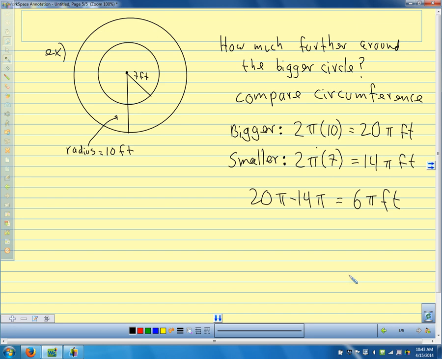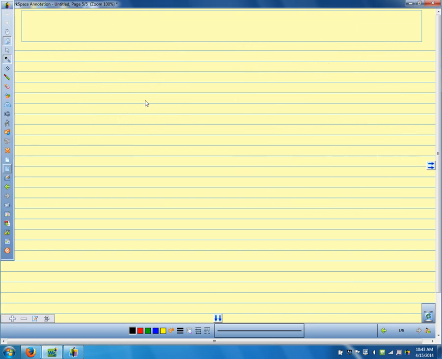All right, last thing for today, arc length. And we'll have a circle on our graphic organizer for arc length. Arc length is a fraction of the circumference.